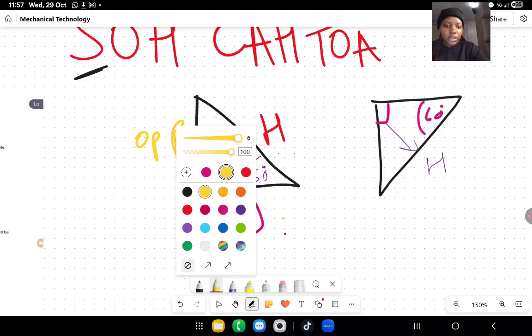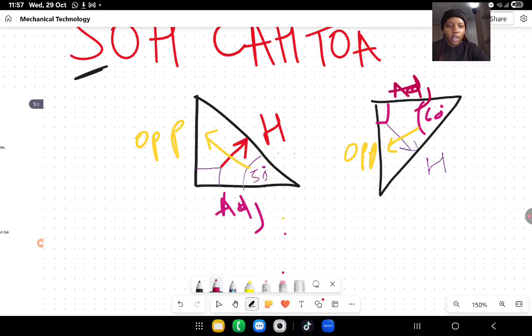Always know that this is your opposite, because it is the line opposite the angle inside that triangle. Do you understand me? Then you know that this is your adjacent. So can you see what I'm talking about? How you see these things.